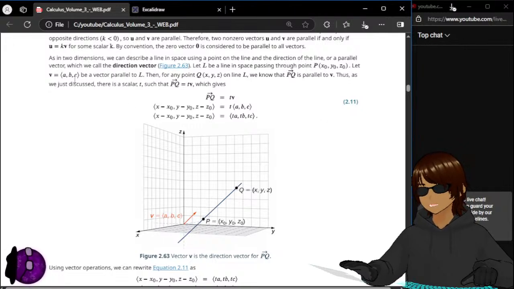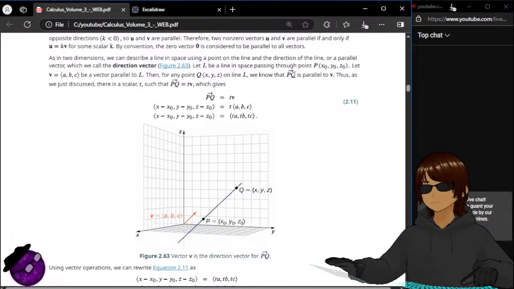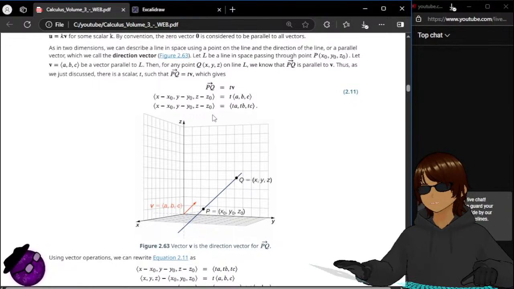Let v equal ABC be a vector parallel to L. Then for any point Q on line L, we know that PQ is parallel to v. Thus, as we discussed, there is a scalar t such that PQ is equal to tv, which gives, okay.